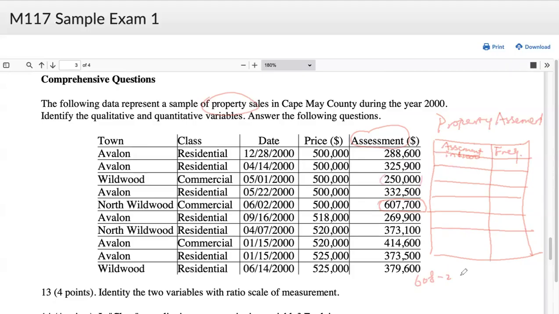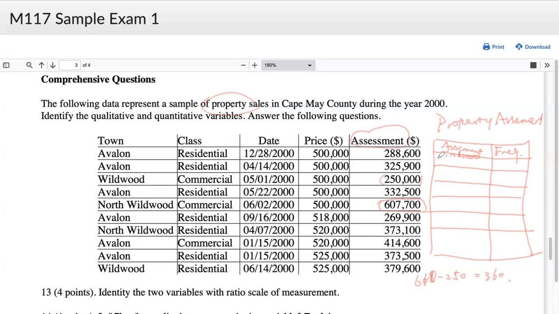Well, maybe think 610 minus 250. 600 minus 250, that's 350. So plus 10, 360. Maybe we think to make 6 classes. So then the difference would be 60. As long as your class intervals are reasonable.